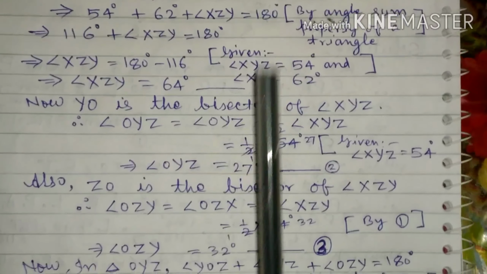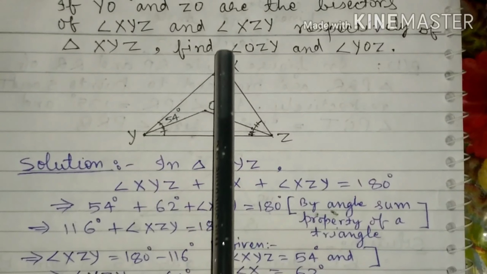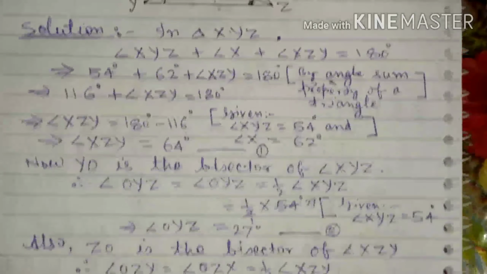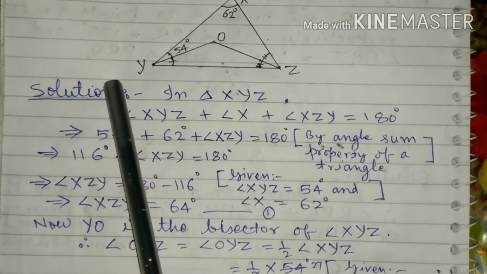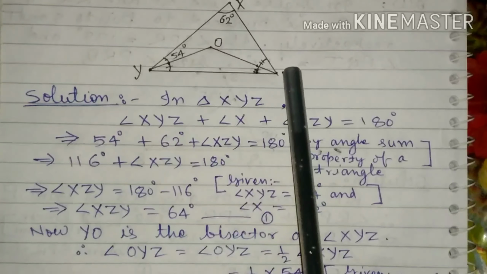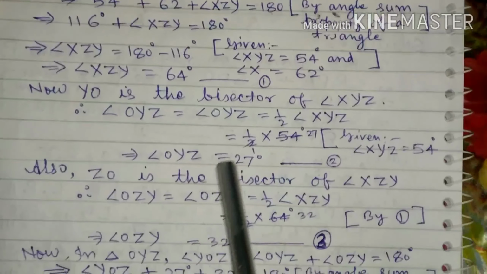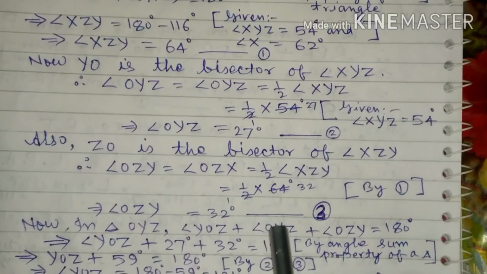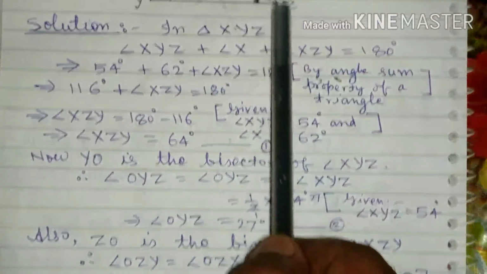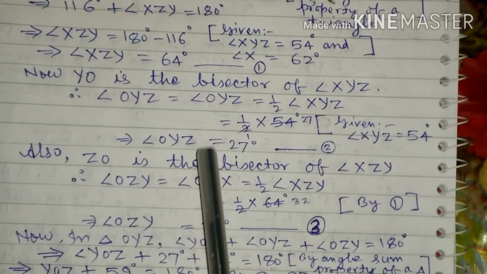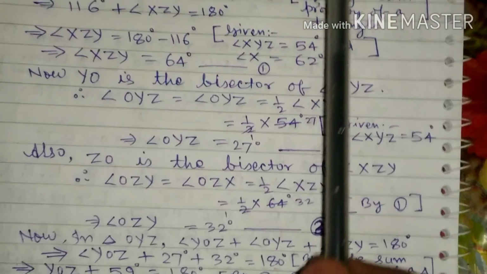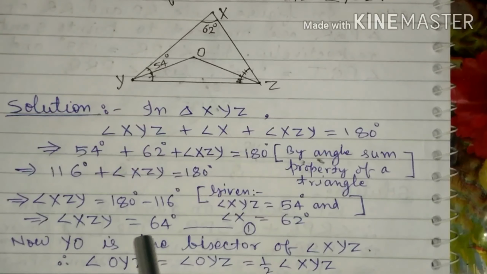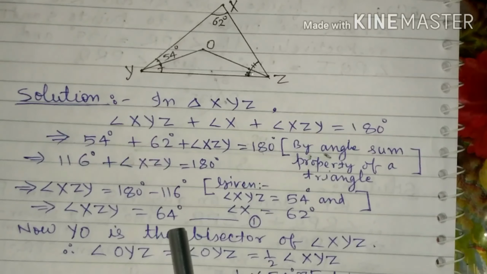Now also ZO is the bisector of angle XZY. Therefore, angle OZY is equal to angle OZX, which is equal to half of angle XZY. Angle XZY is 64 degrees from equation 1.